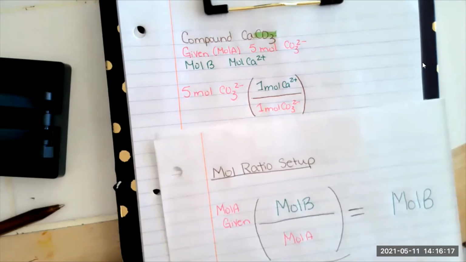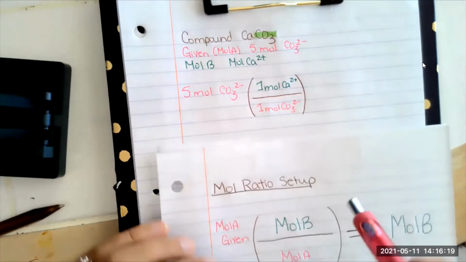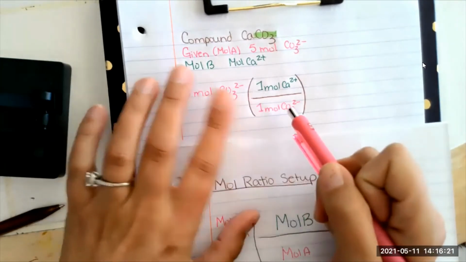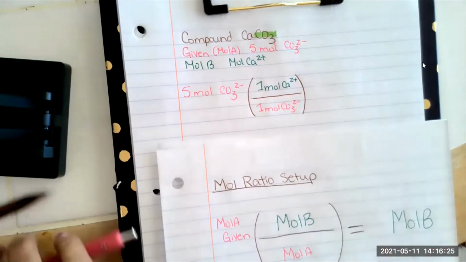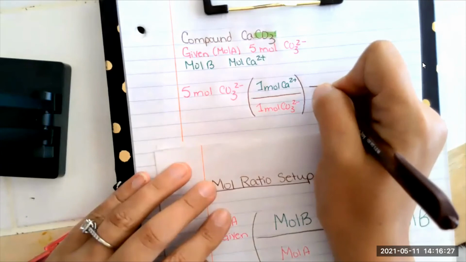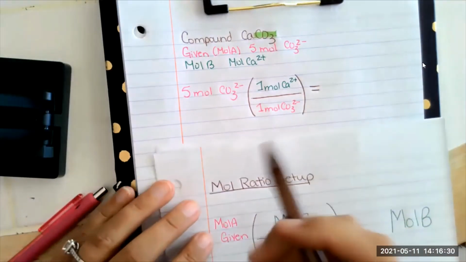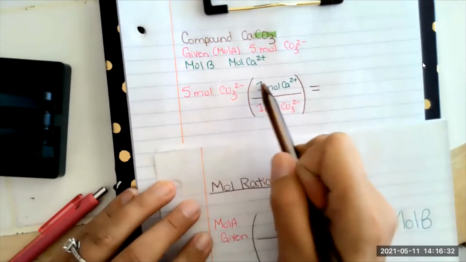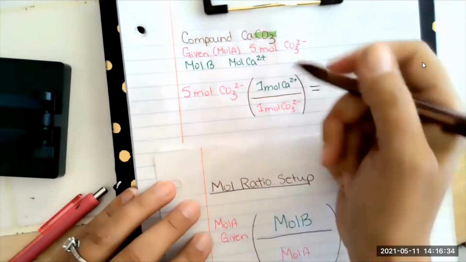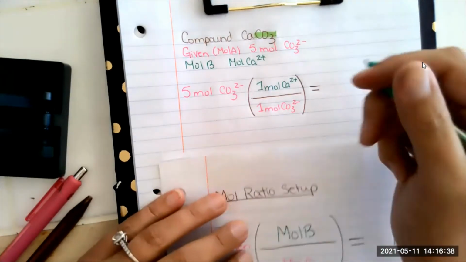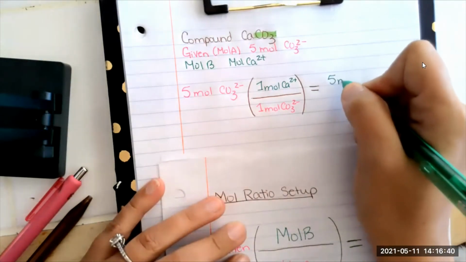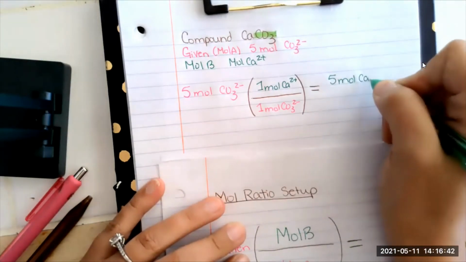And another easy check to see if you've set it up right is mole CO3, the units cancel out, so you have set it up right. Then you have to solve. So 5 times 1 is 5, as you always multiply across, divided by 1 is still 5. So you end up with 5 moles of calcium ions.